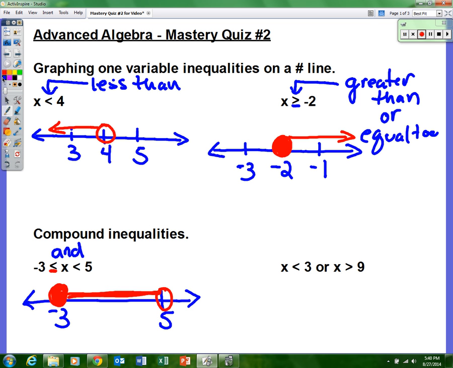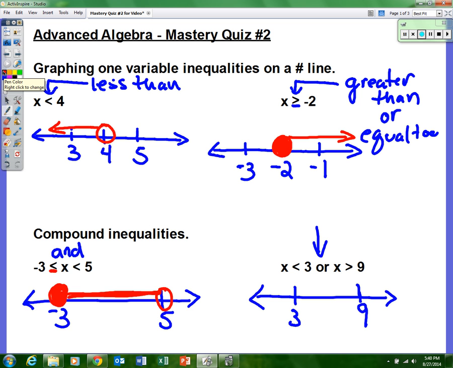The next one is or. It's x is less than 3 or x is greater than 9. Well, think about what's going to happen here. I'm going to put 3 as the smallest, so I'll put that one on the left, the 9 on the right. Neither one of them has an equal to on it.